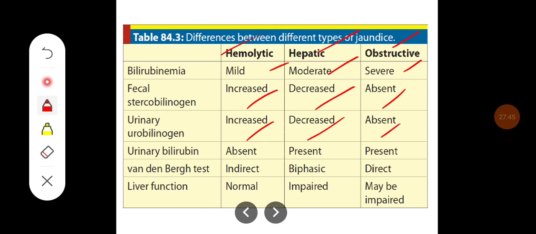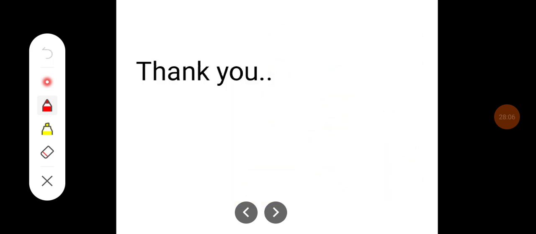Urinary bilirubin is absent in hemolytic, present in hepatic, present in obstructive. The van den Bergh test is indirect, biphasic, direct, respectively in hemolytic, hepatic, and obstructive jaundice. Liver function is normal in hemolytic, impaired in hepatic, may be impaired in obstructive jaundice.